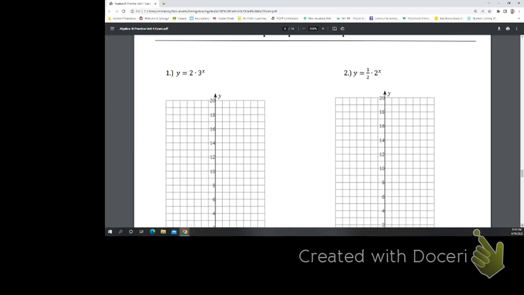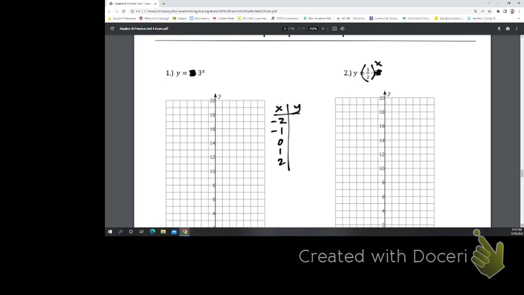Let's see. So if I recall correctly, I got rid of this, and I made this like that, right? Okay. So for exponential, it's always going to be a good idea, even though some of the numbers may not fit, going -2 to +2.